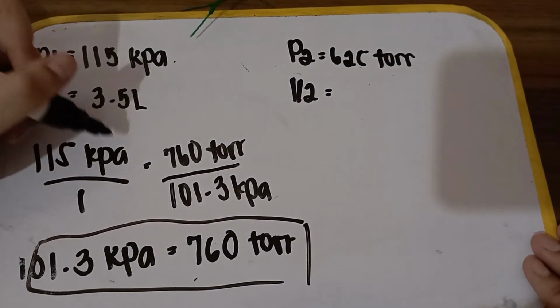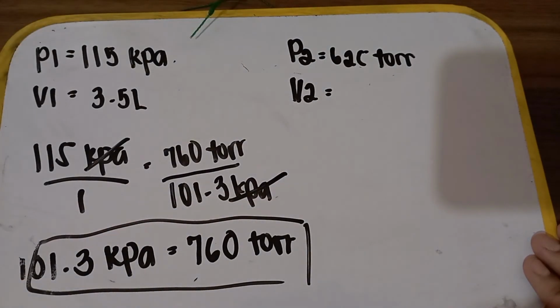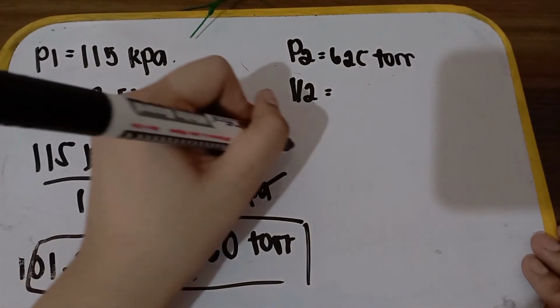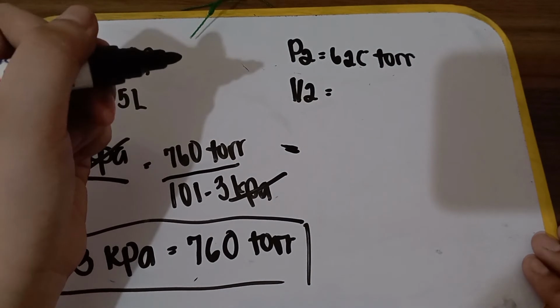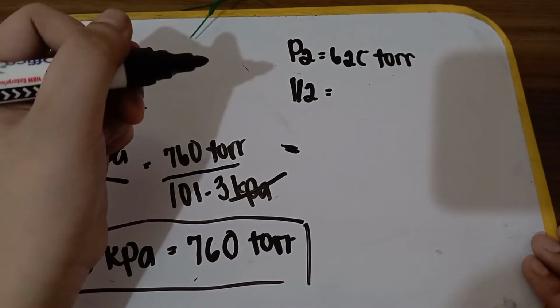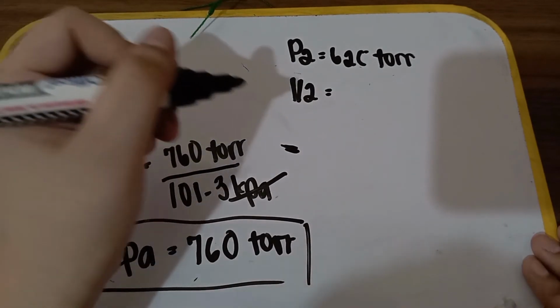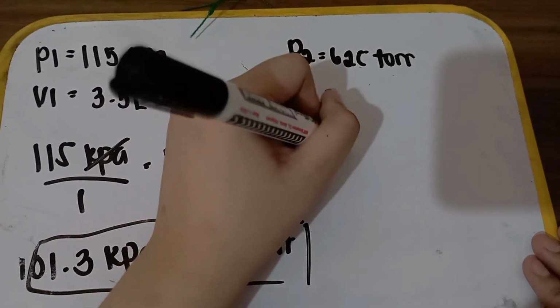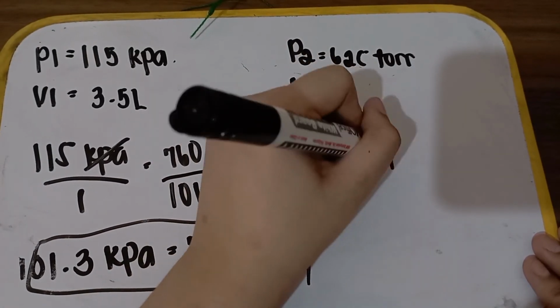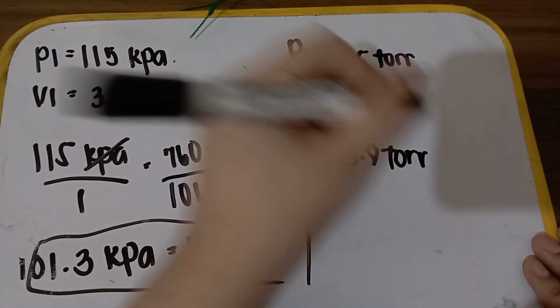And we need to cancel the kPa unit. So it's 115 times 760 torr divided by 101.3. That is equal to 862.8 torr. So now that is our new P1.